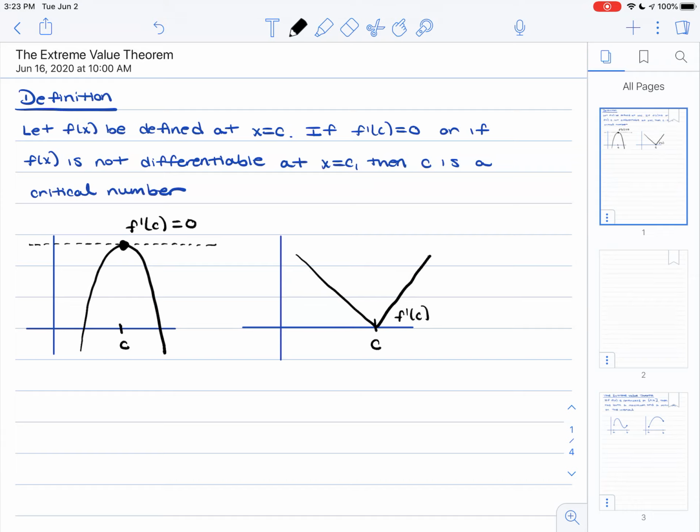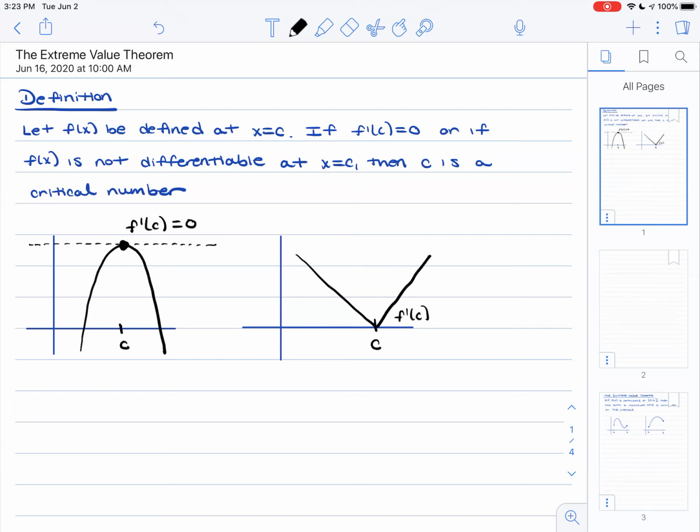All right, so we can see from this example that it's possible that our absolute maximum and minimum can occur at those turning points. Well, from what we looked at above, we know that those turning points, those relative maximum and minimum points, occur where the derivative of the function is equal to 0 or where the derivative is undefined.